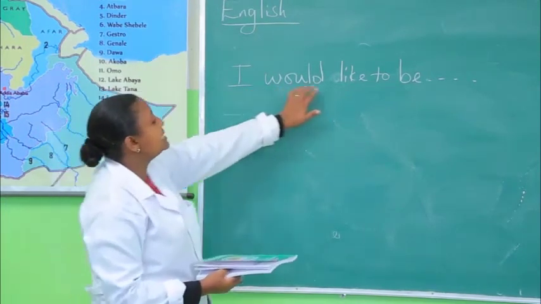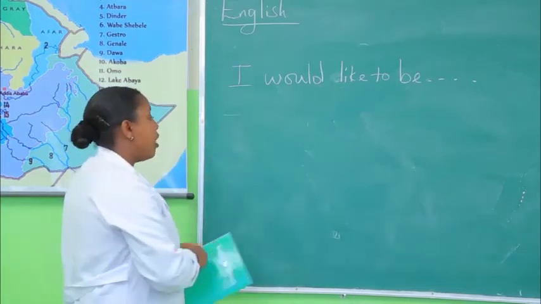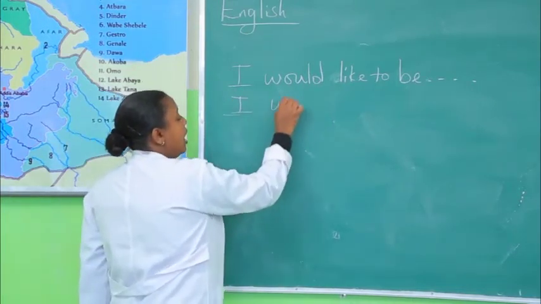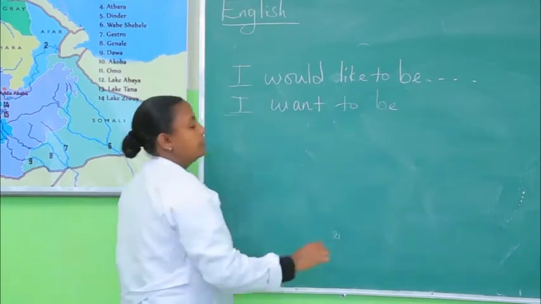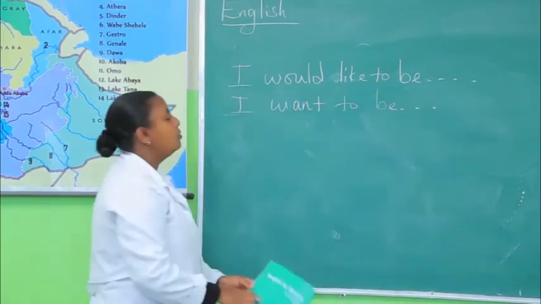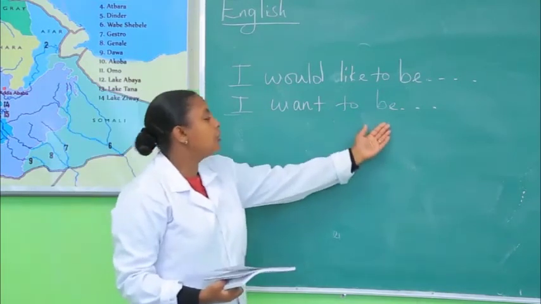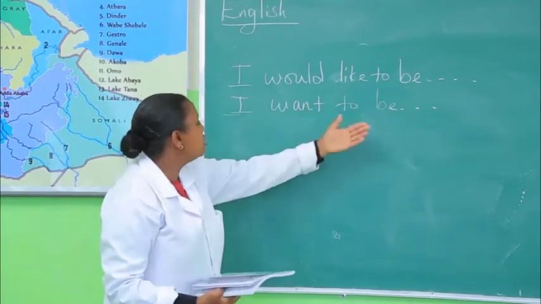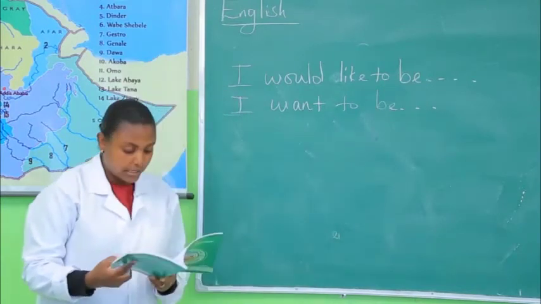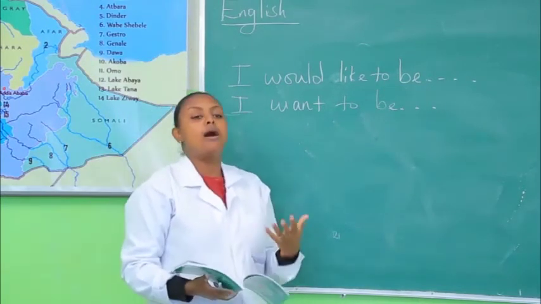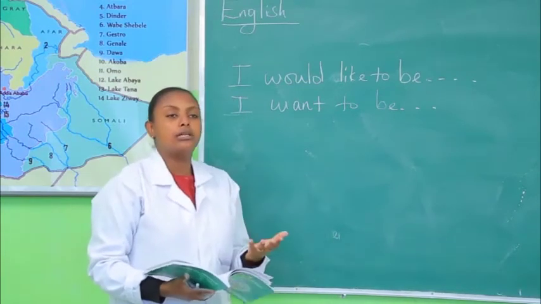So you can use this statement to express what you want. You can also say I want to be a doctor, a physician, or something, the professions that you can fill in the blank space. So what would Roman like to be? A doctor.